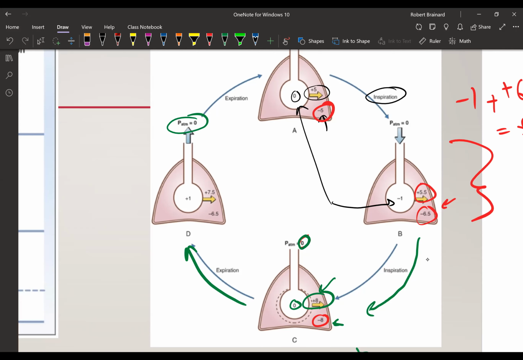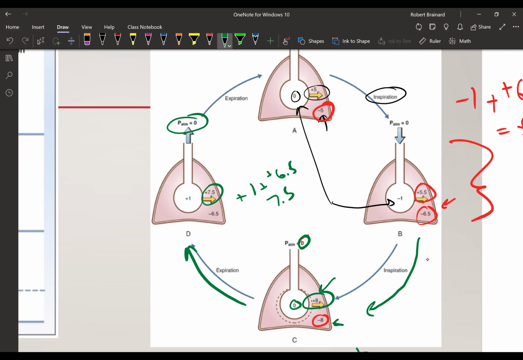Okay. And at this specific time point, we've got a +1 for the alveolar pressure and a -6.5 for the intrapleural pressure. And if you do +1 minus a -6.5, that means it's going to be 7.5 transpulmonary pressure right there, because that's what transpulmonary pressure is.